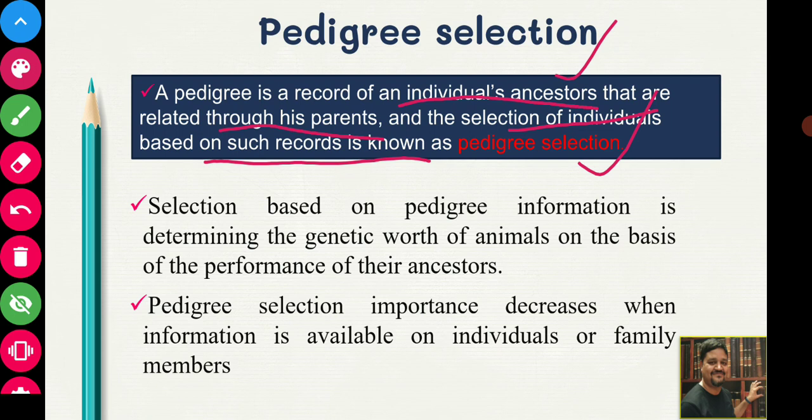Selection based on pedigree information determines the genetic worth of an animal on the basis of the performance of its ancestors.